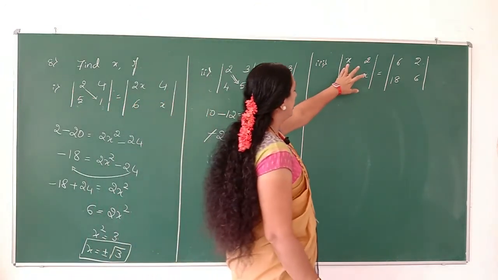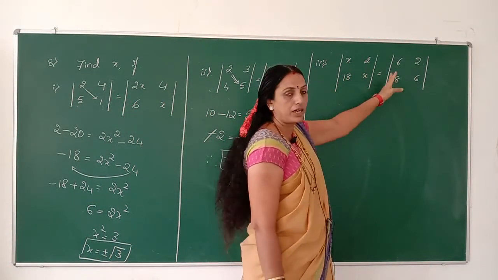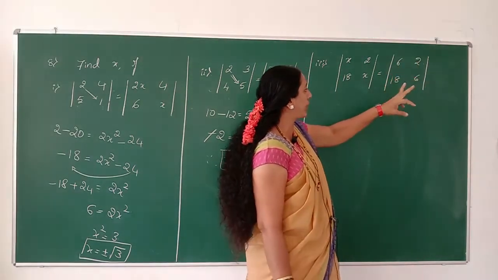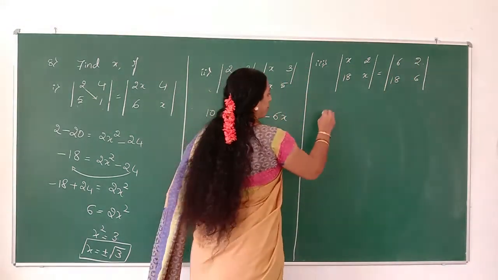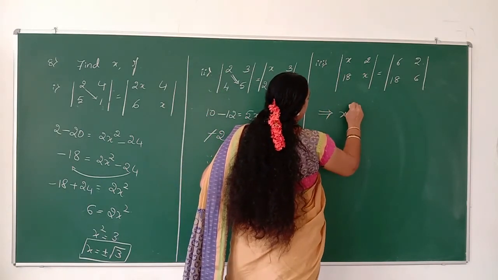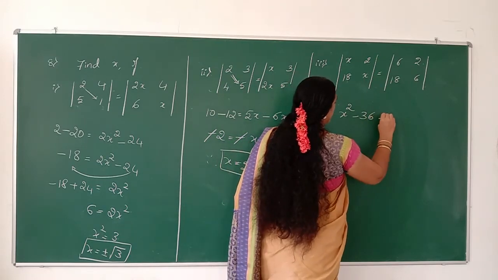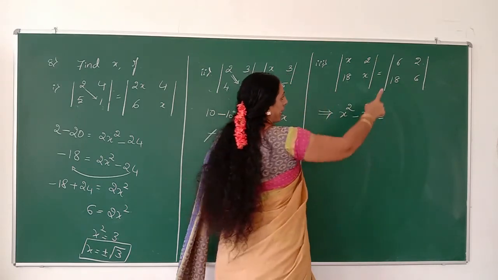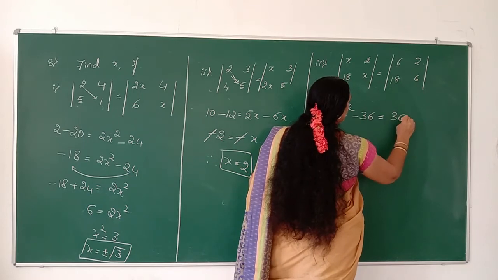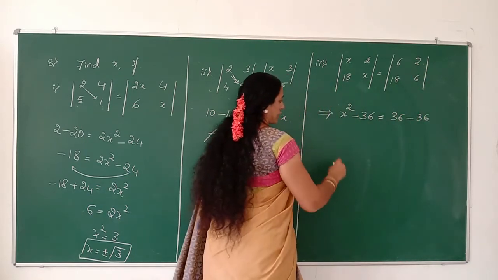Similarly, the third one. The elements of the first determinant are x, 18, 2, x, and on the RHS are 6, 18, 2, 6. The product of the left diagonal is x into x, x square, minus 18 into 2, which is 36. This is equal to, on the right side, 6 into 6 is 36, minus 18 into 2 which is also 36.